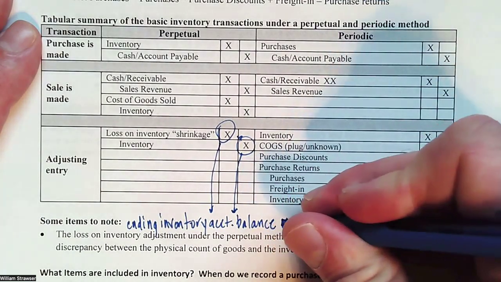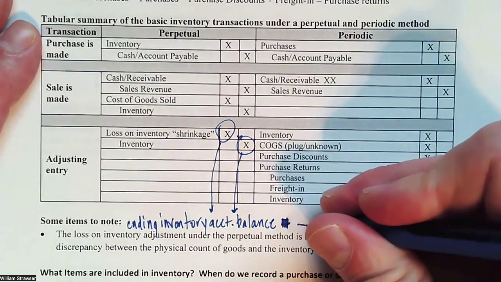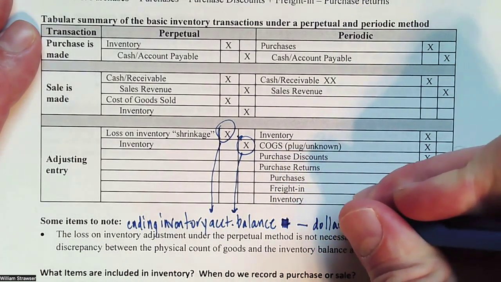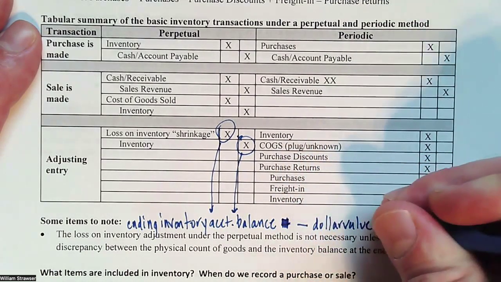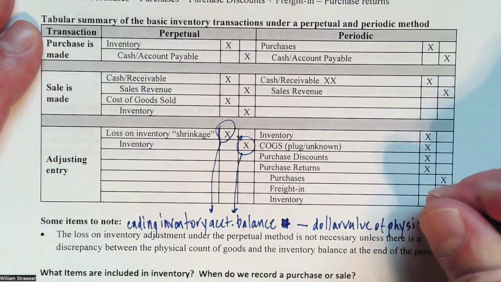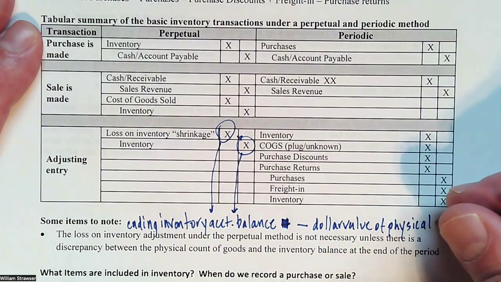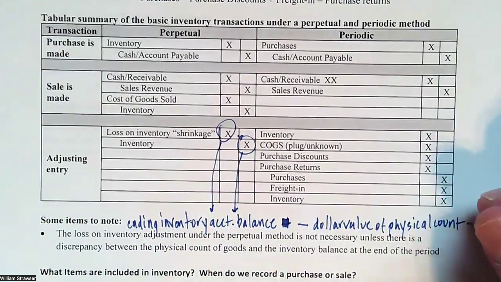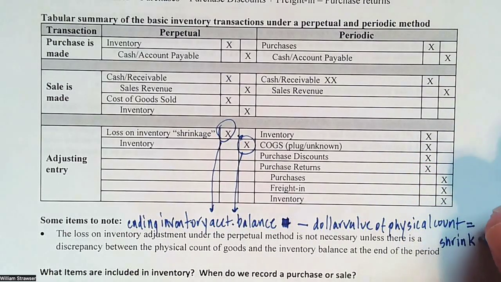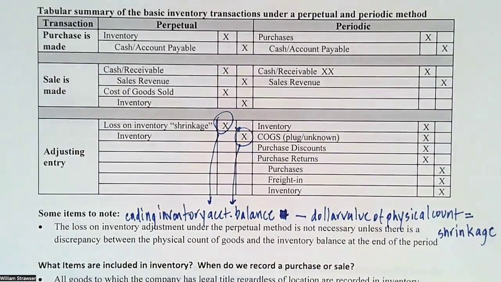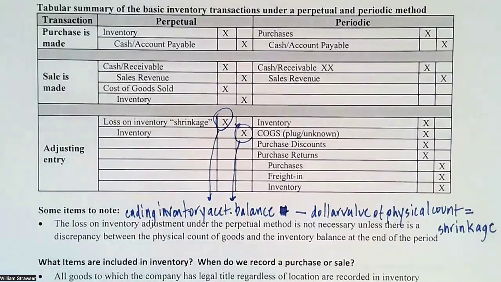Oops, not equals, minus the dollar value of physical count of inventory. So we go through, determine the dollar value of our physical count, subtract that from the ending value, and that gives me the amount of shrinkage that needs to be recorded, right? That's the amount of, oh crap, someone's stealing from us, we have waste going on, whatever it might be.